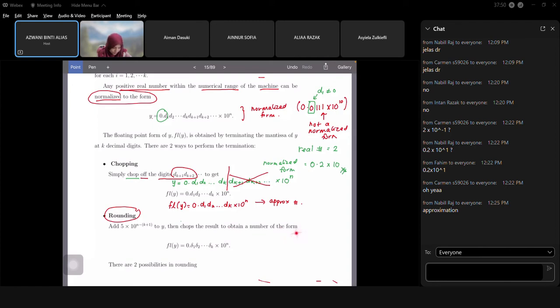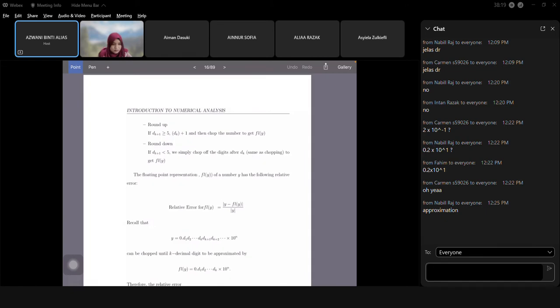Ni maksudnya dia perlu tambah. Contohlah ni. Dia kena tambah 5 darab dengan 10 kuasa ni to the y, then chop the result to obtain the number of the form this. Okay, there are two possibilities here. Ada dua kemungkinan. First, round up.